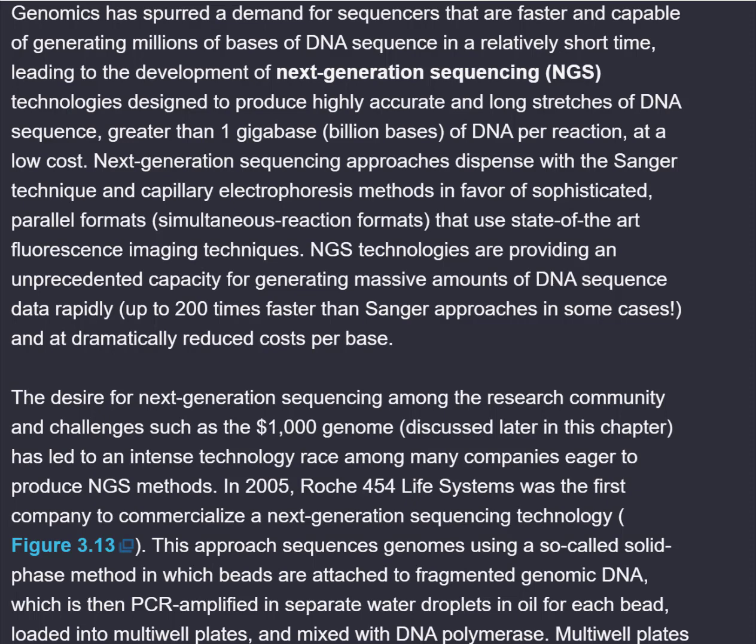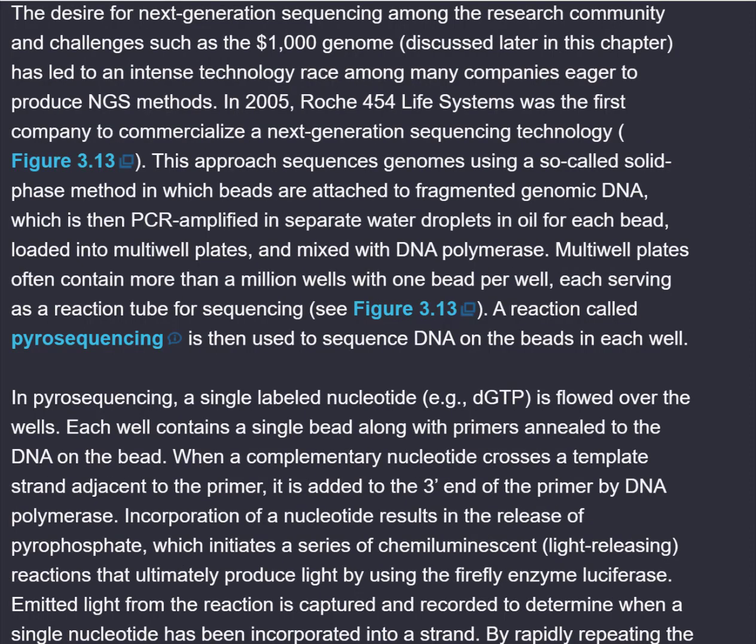NGS technologies are providing an unprecedented capacity for generating massive amounts of DNA sequence data rapidly, up to 200 times faster than Sanger approaches in some cases, and at dramatically reduced costs per base. The desire for next-generation sequencing among the research community and challenges such as the $1,000 genome, discussed later in this chapter, has led to an intense technology race among many companies eager to produce NGS methods.